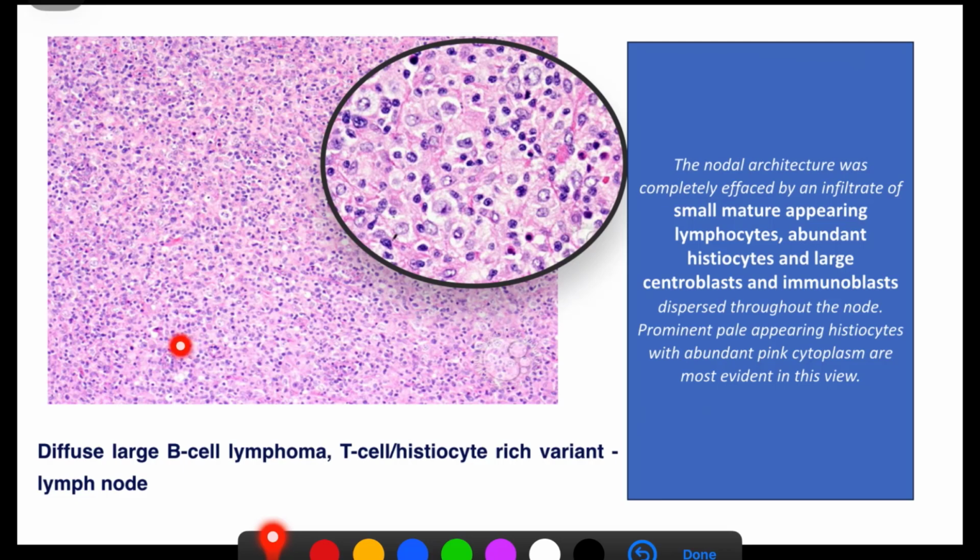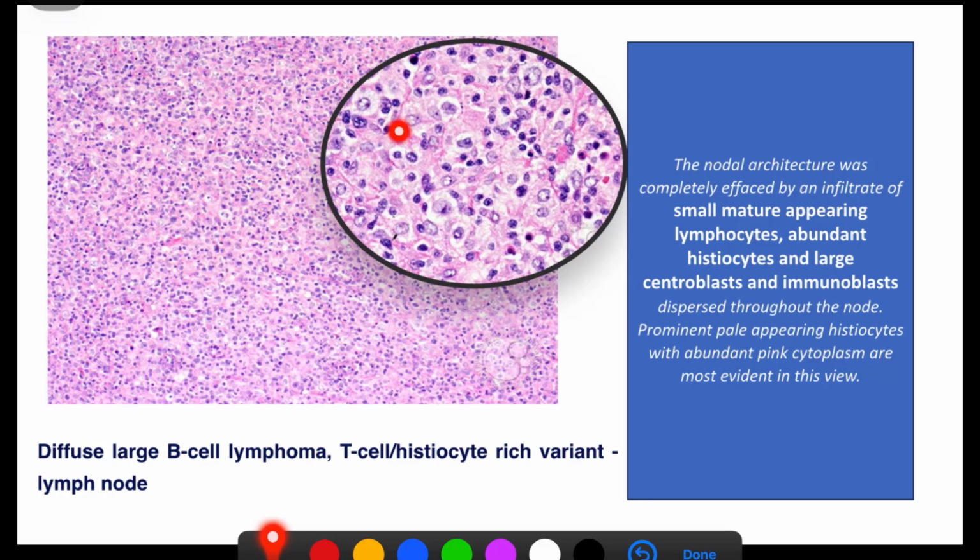So this is a T cell rich histiocytic variant of DLBCL where you can identify histiocytes in abundance in this section, showing abundant cytoplasm.